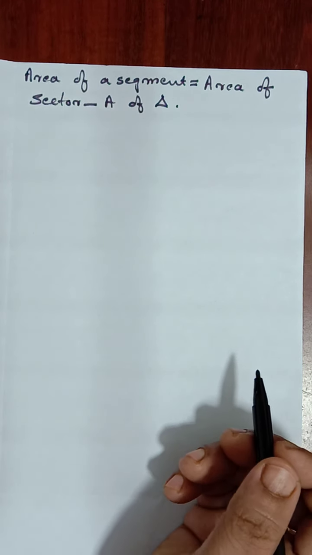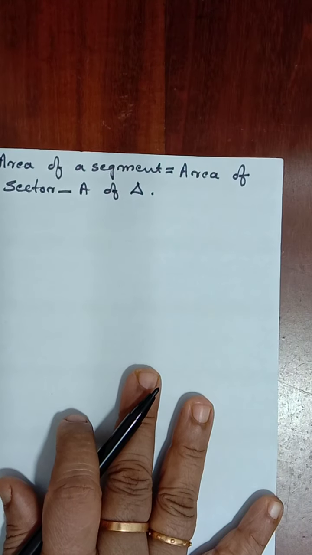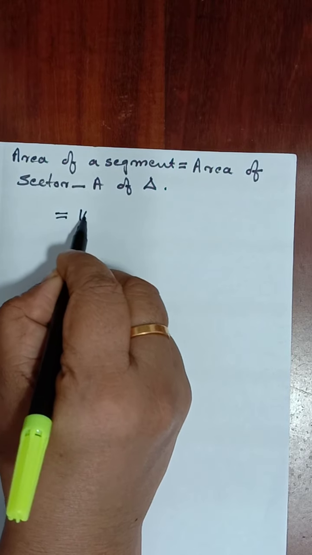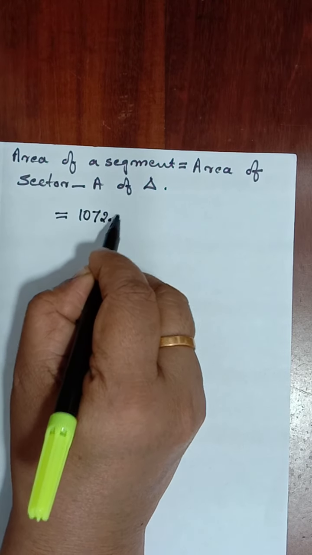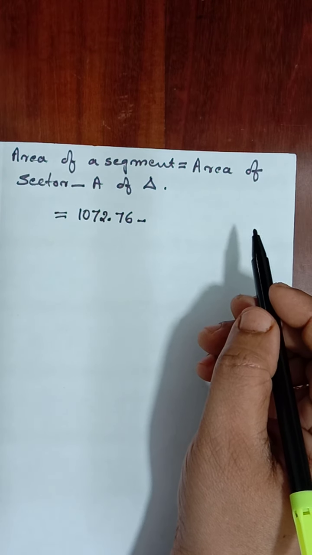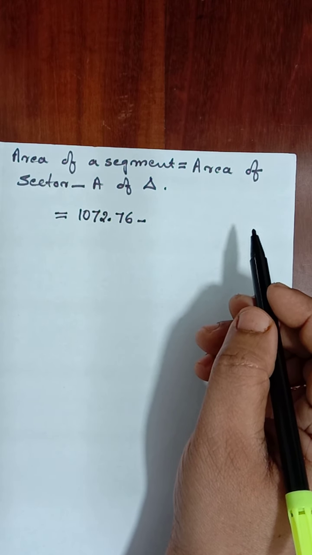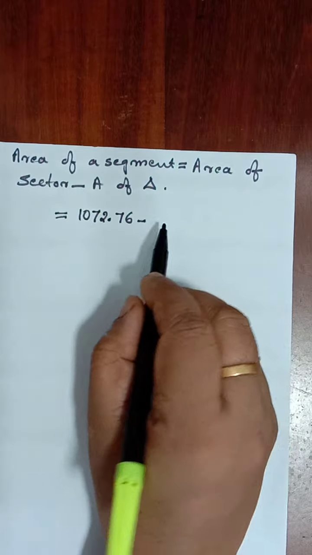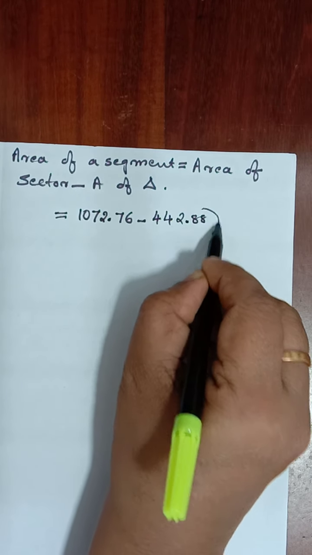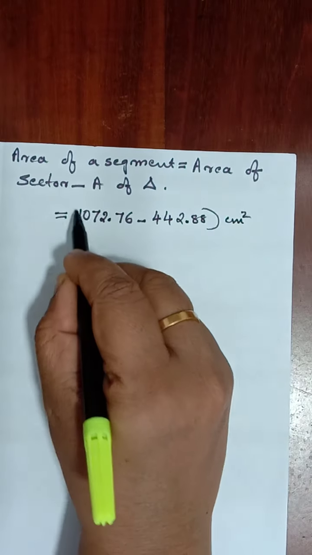That's equal to, here we can write it as equal to 1072.76 minus area of the triangle we got. What is it equal to? Isn't it 442.88? 442.88 cm square area.